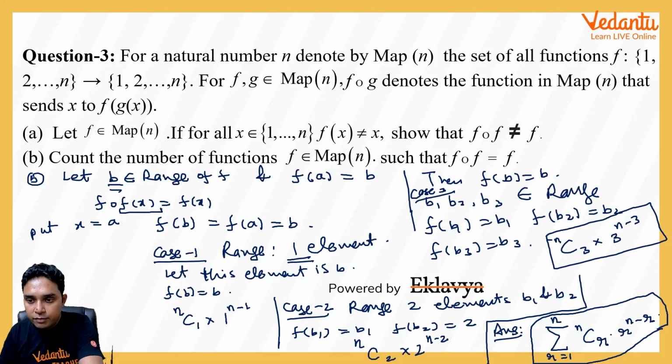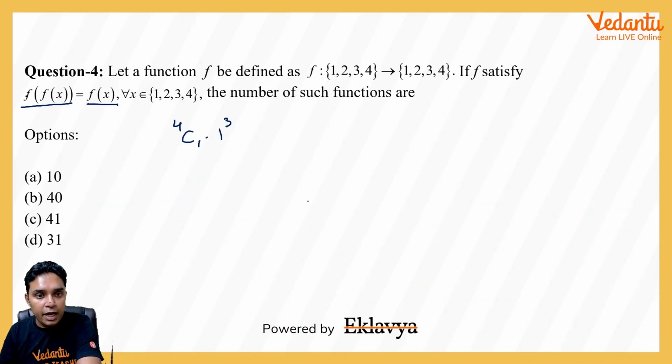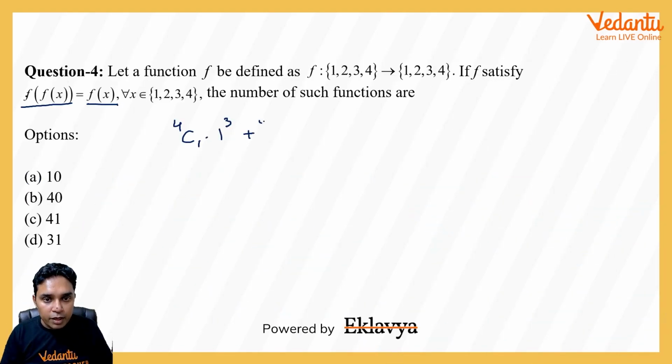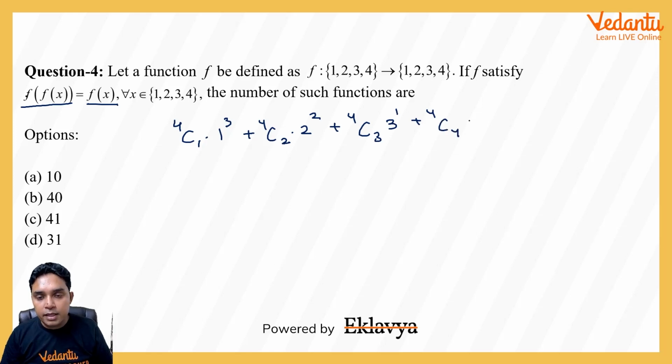When R is 1, it will be 4C1 and 1 power 3, and the next one would be 4C2. Then the remaining 2 elements will have 2 options each, and then 4C3, where only one element will have 3 options. And then 4C4, where there is no element remaining, so you can write this as 4 power 0.